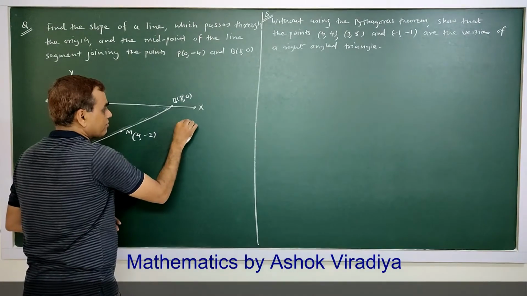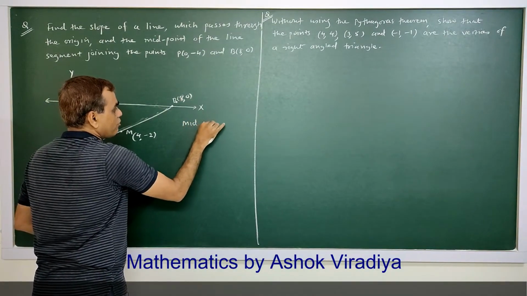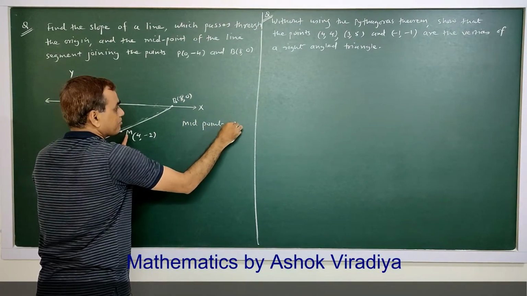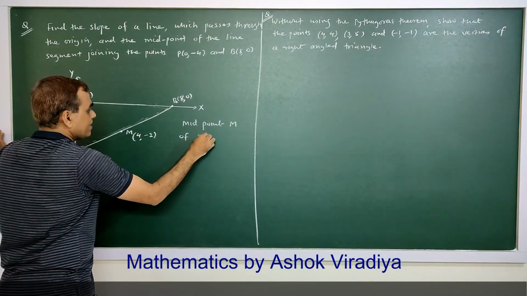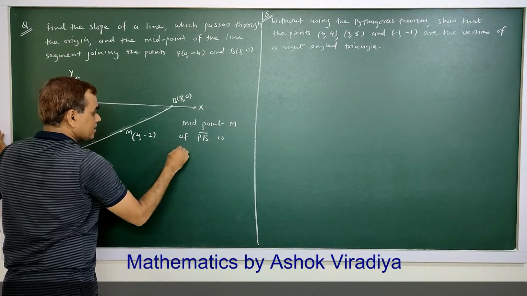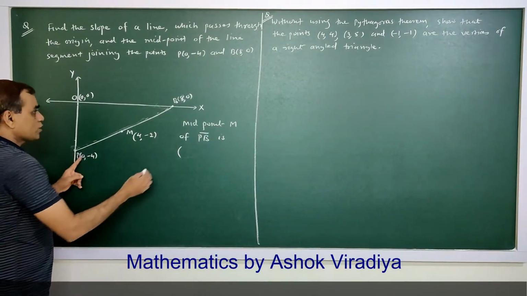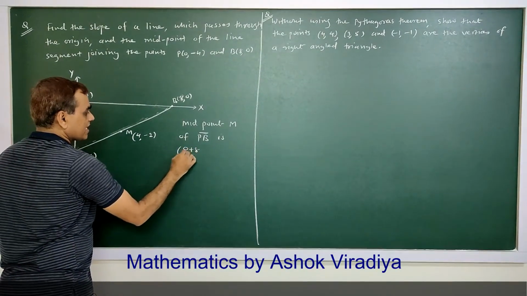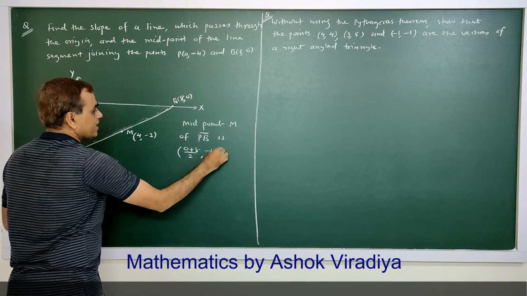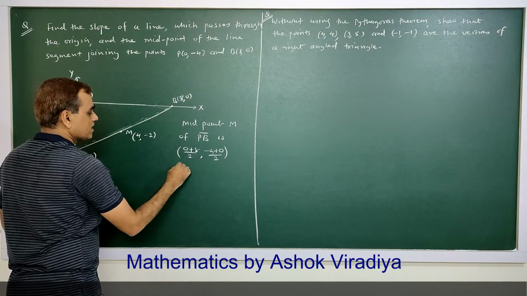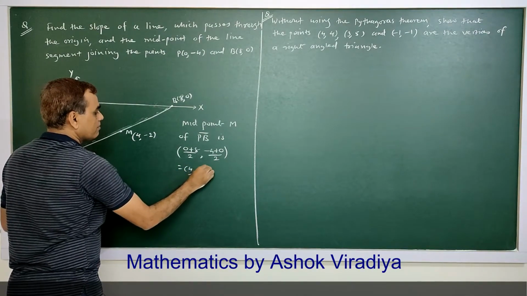So the midpoint M of line segment PB is (4, -2).